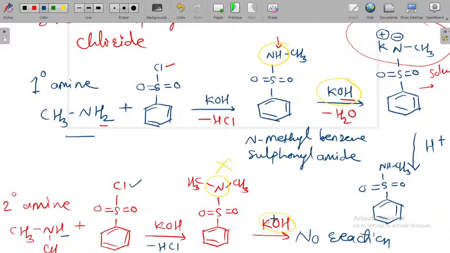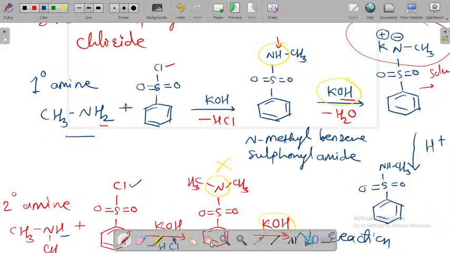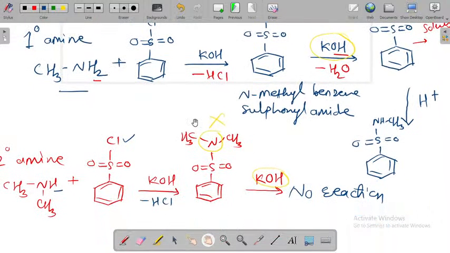What is the inference from this reaction? That primary amines on reaction with a strong base like KOH in presence of benzene sulfonyl chloride give you a salt which is soluble in water. But secondary amine cannot give such a soluble salt because of the absence of one proton.